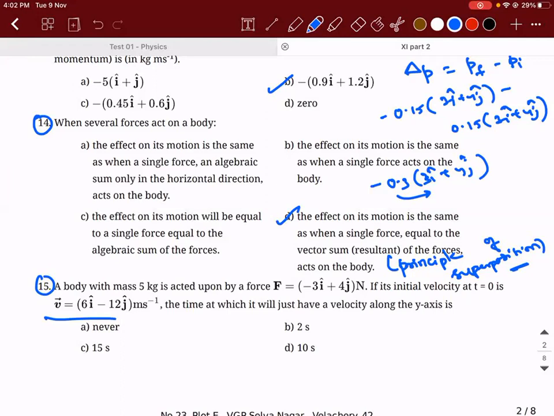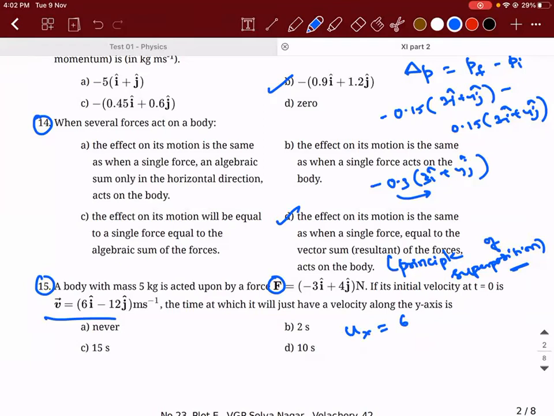So the mass of the object is given. If you know the force, we can equate the velocity along the x-axis as 0. So velocity along ux is how much then? Ux is how much? 6. Correct?